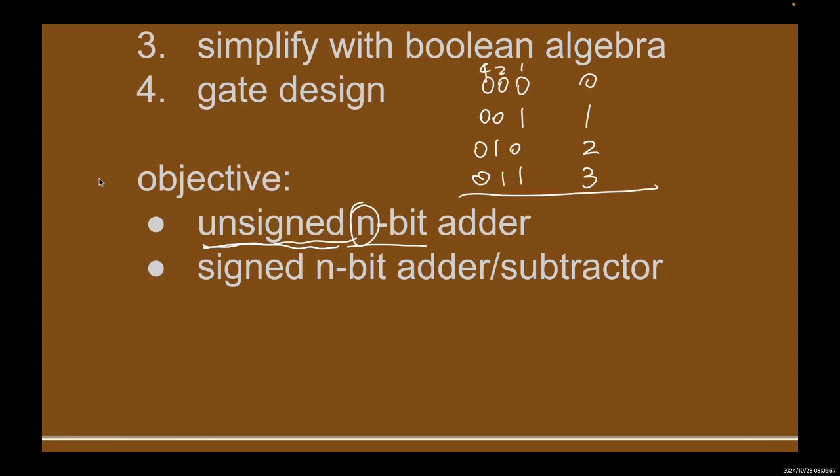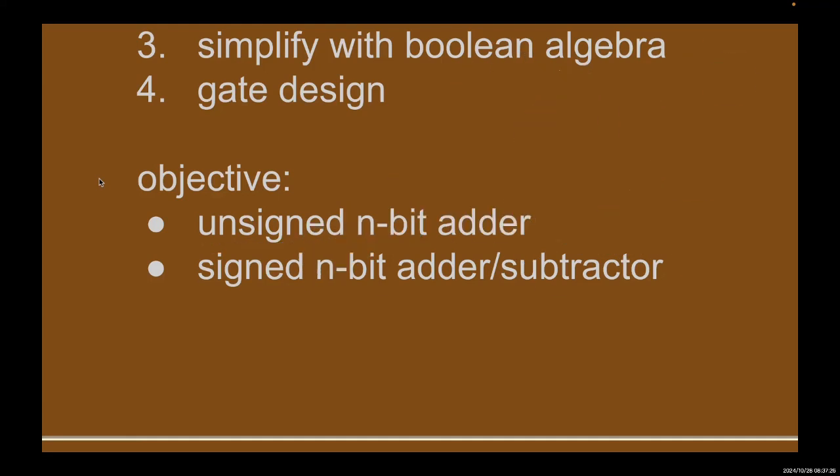Similarly, 1, 0, 0 is 4, 1, 0, 1 is 5, 1, 1, 0 is 6, 1, 1, 1 is 7. So 3 bits can represent 8 numbers, which is 2 to the 3. Is that clear? Yeah.